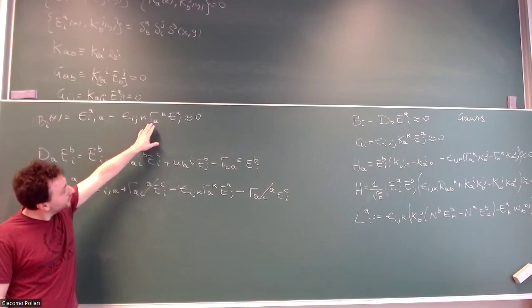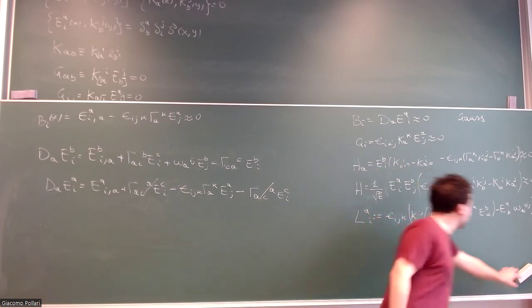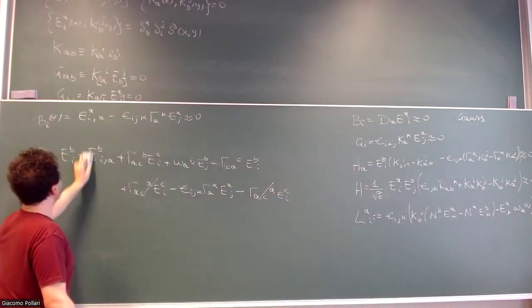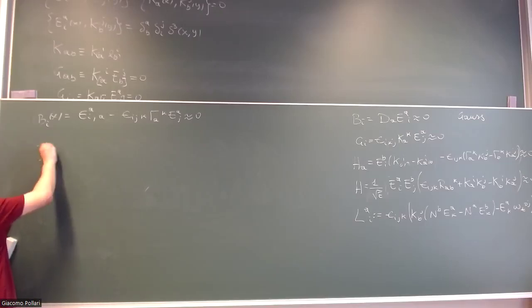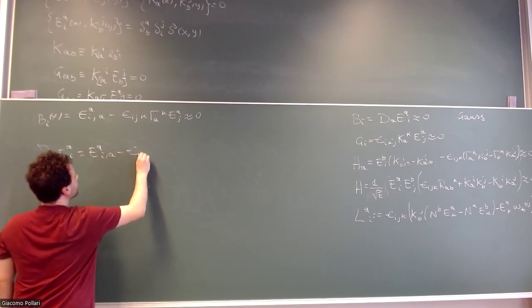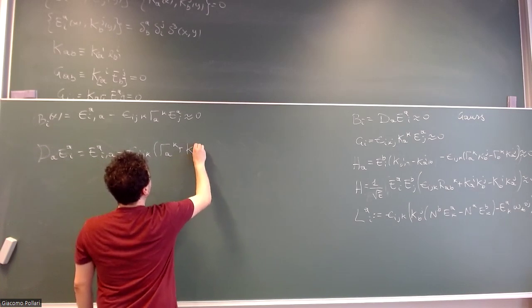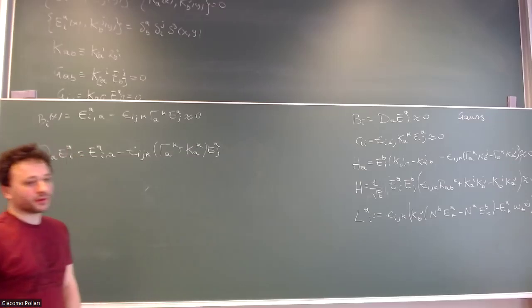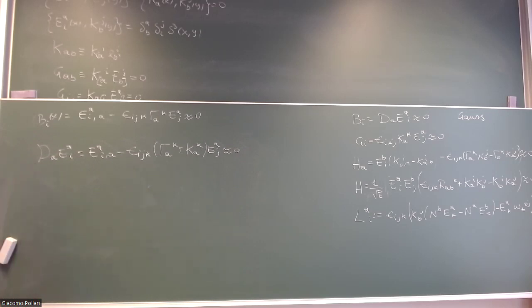Here we have the pure latitude, and here we have this K. So we can combine both, and here this is going to be weakly zero. So this holds only on shell.